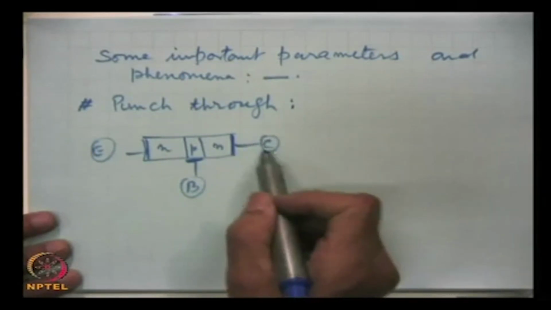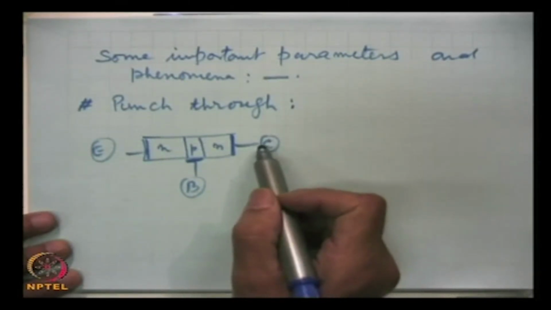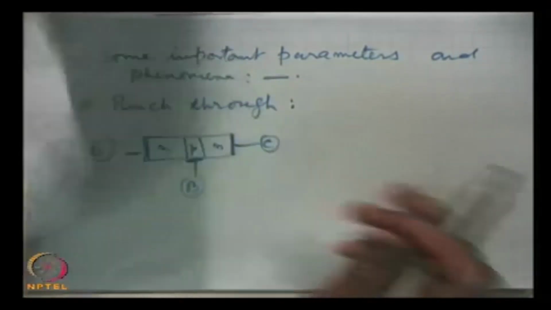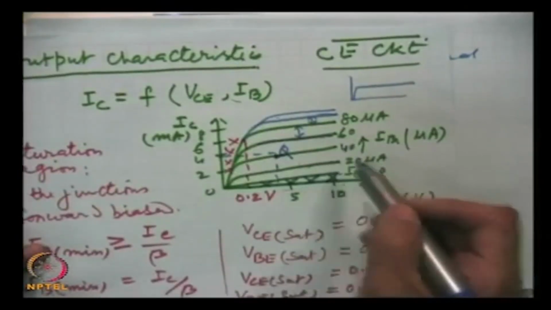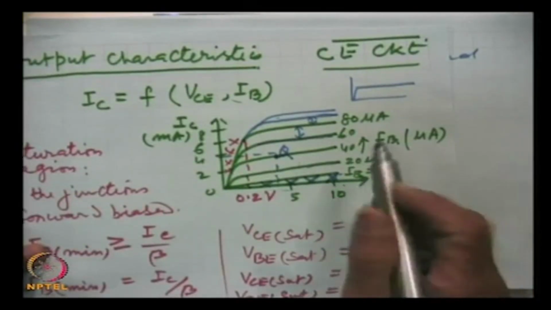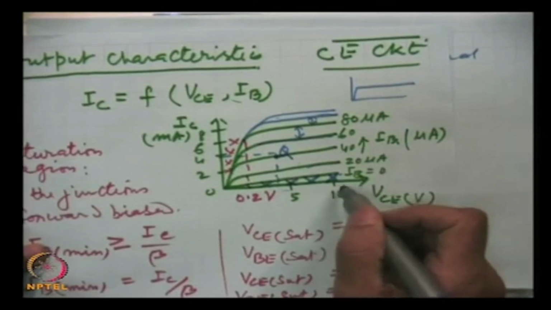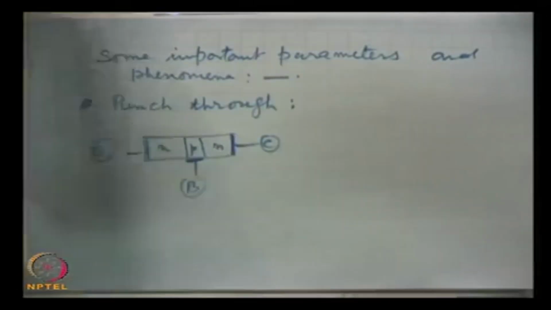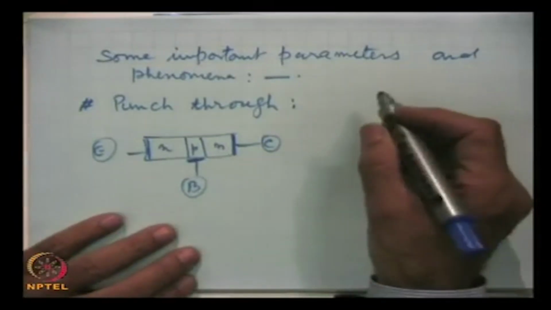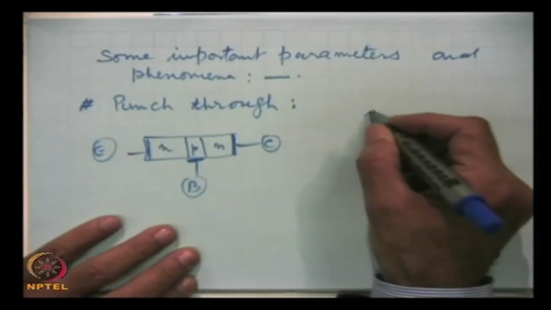If we go on increasing this voltage, how will our output characteristics change? These are the output characteristics for very large values of the reverse voltage at the output. I just pick up one of these several curves.